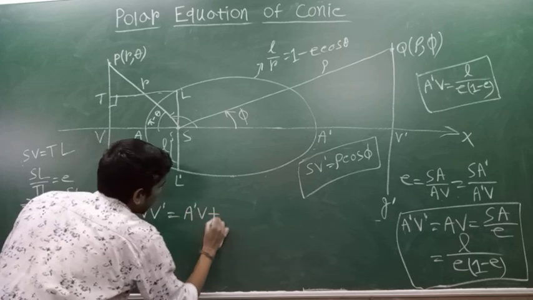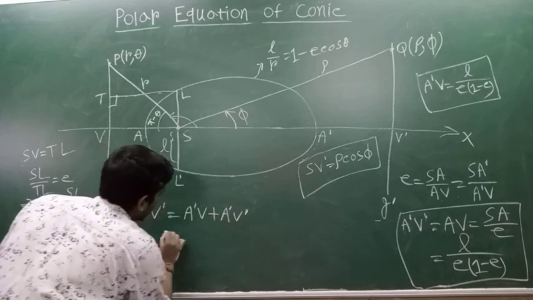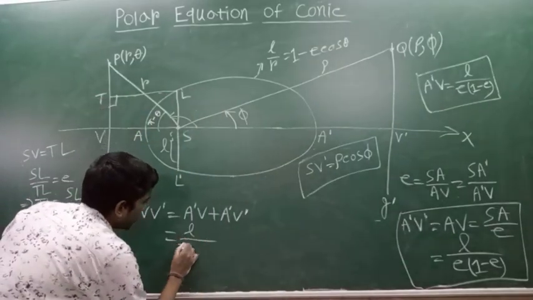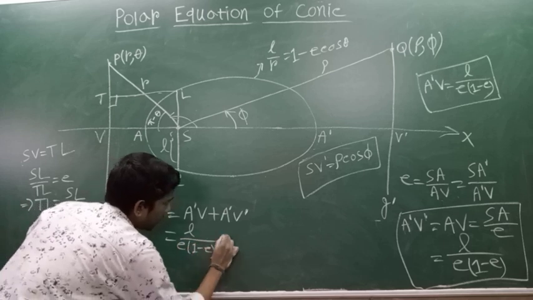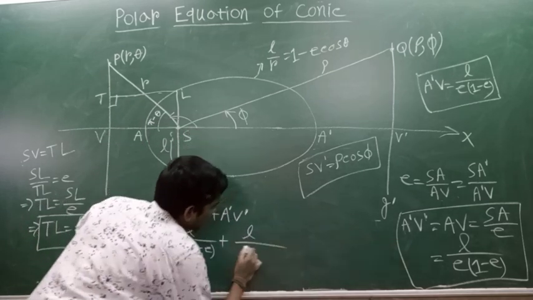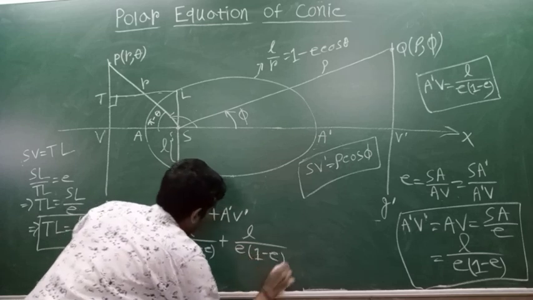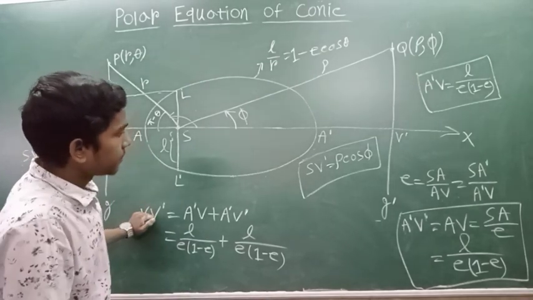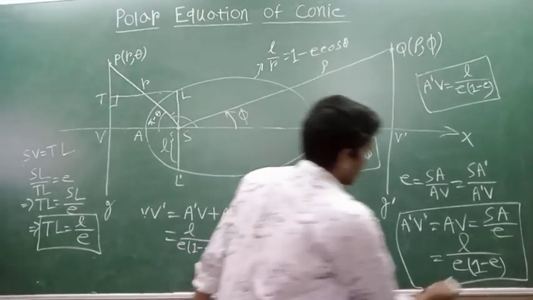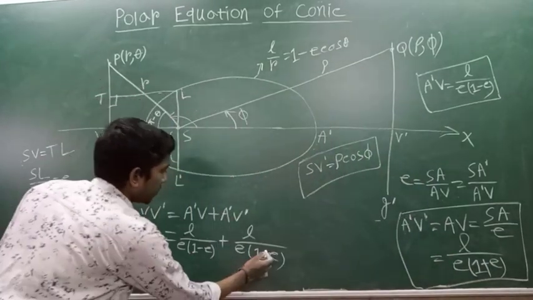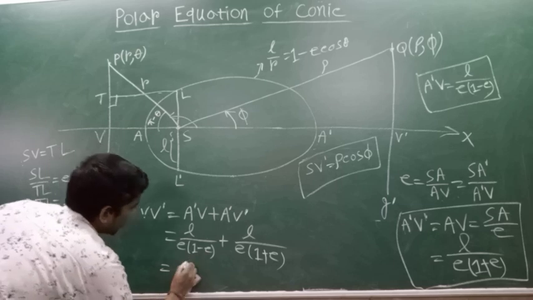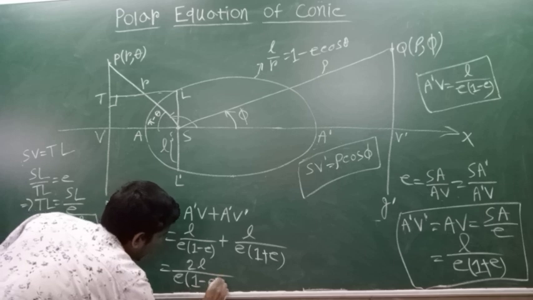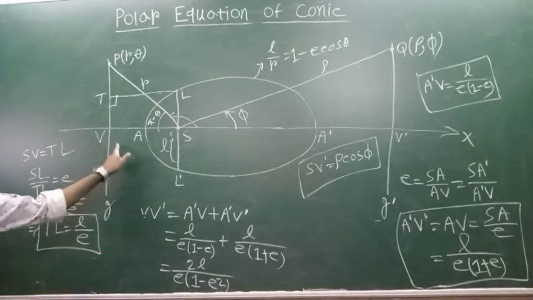A dash V is L by E into 1 minus E, plus A dash V dash is L by E into 1 minus E. So I think this will be 1 plus E. So from here we get 2L by E into 1 minus E square. This is our V dash.